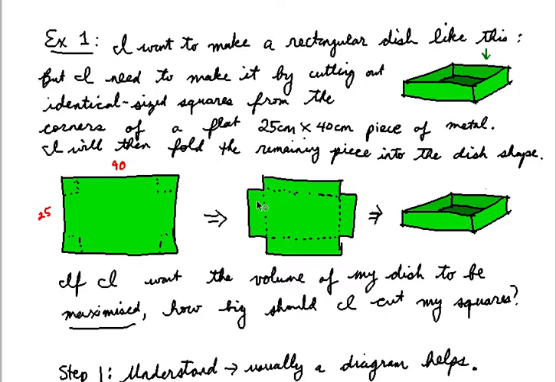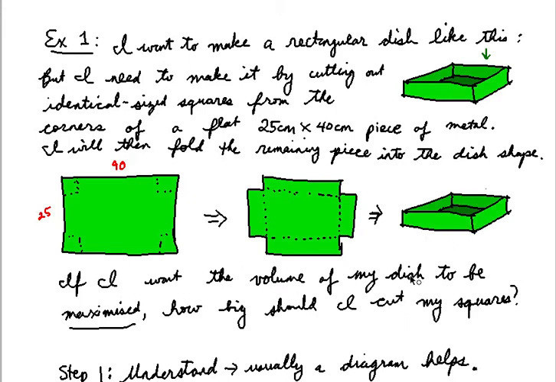I'm going to cut out identical squares from each corner and then fold these pieces so that it looks like this, and probably use glue or weld these edges together, and I'll get a nice square dish. Probably something you might not want to give to your mom, but just for the purposes of this problem, let's just say it's a dish, okay?